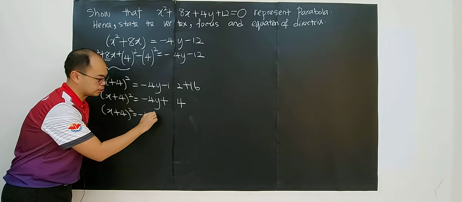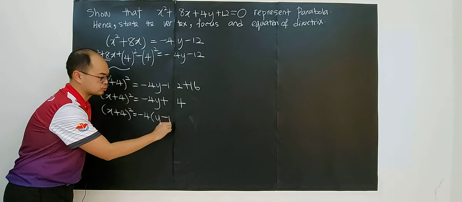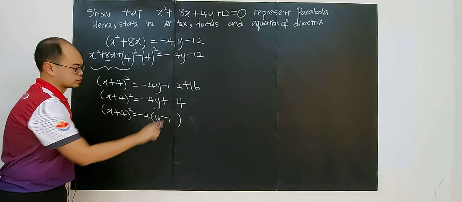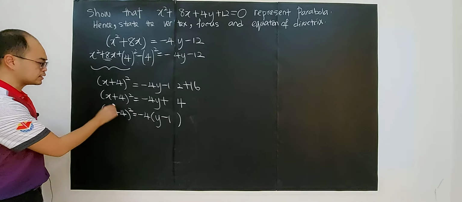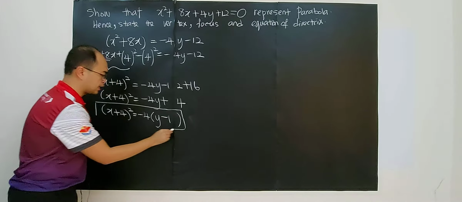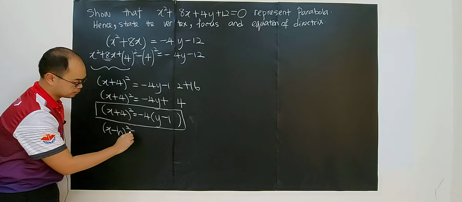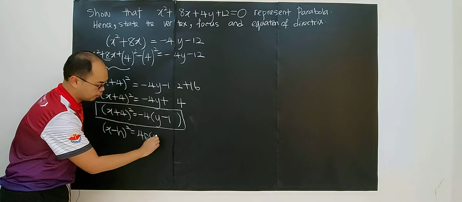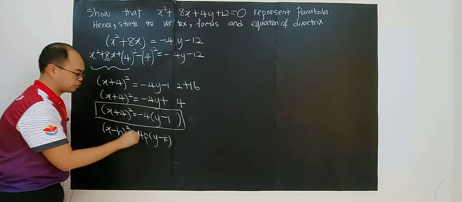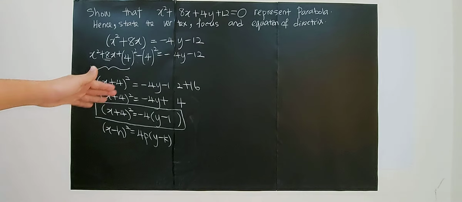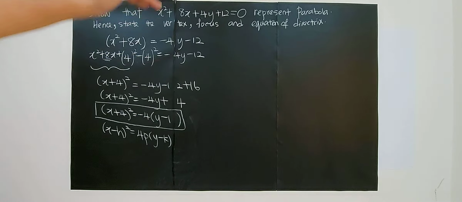So you factor out the negative 4, then you have y minus 1, because if you multiply your negative 4y, you have positive 4. So this is the standard equation of a parabola. If you compare this with x minus h squared equals 4p times y minus k, it fits this standard equation. Once you write this, you have already shown that this represents a parabola.